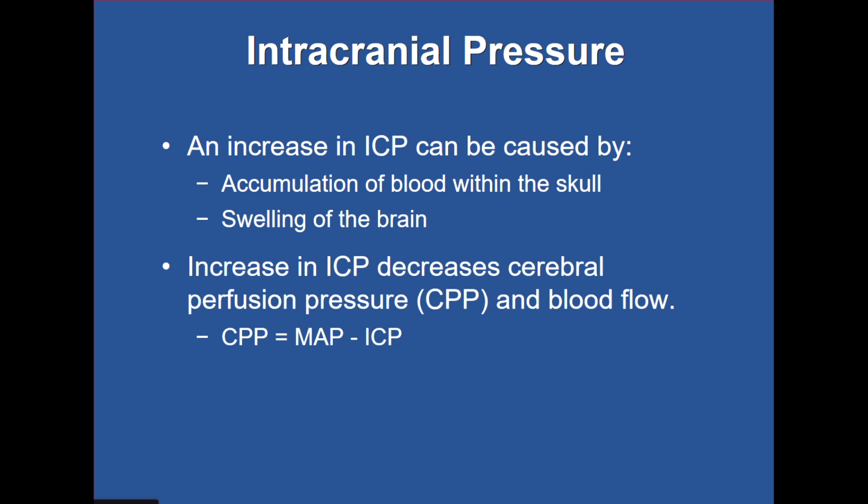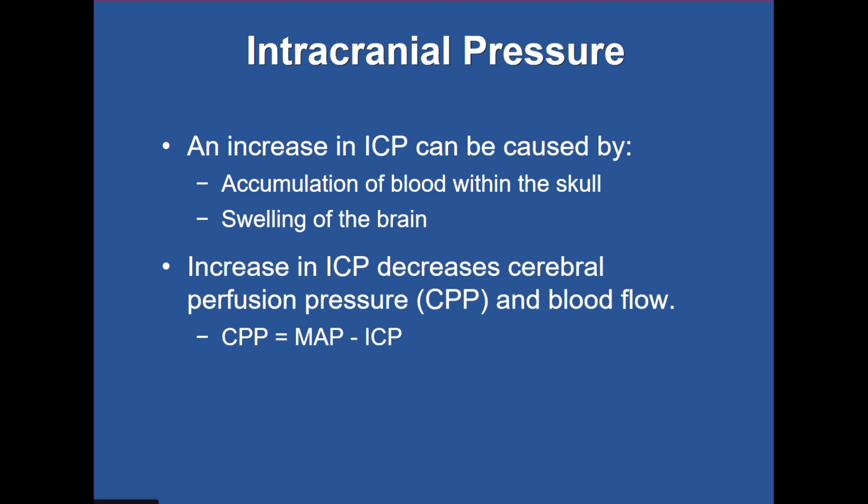Remember, we need a certain amount of cerebral perfusion pressure, so there needs to be a certain difference in pressure between the arteries and the capillaries and the brain tissue, right? We need a certain amount of pressure in order to allow that oxygen to push from the vasculature and into the brain tissue, and that's our cerebral perfusion pressure.